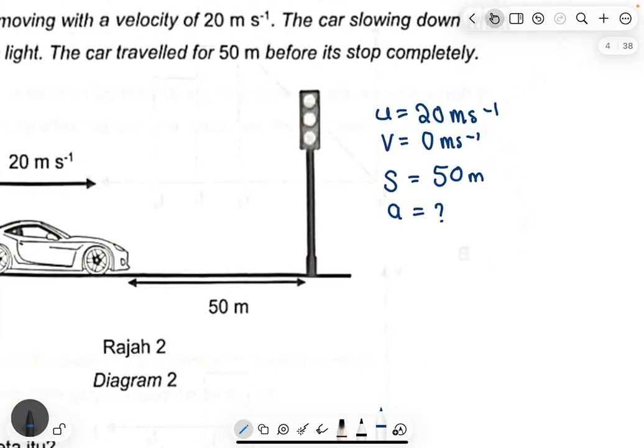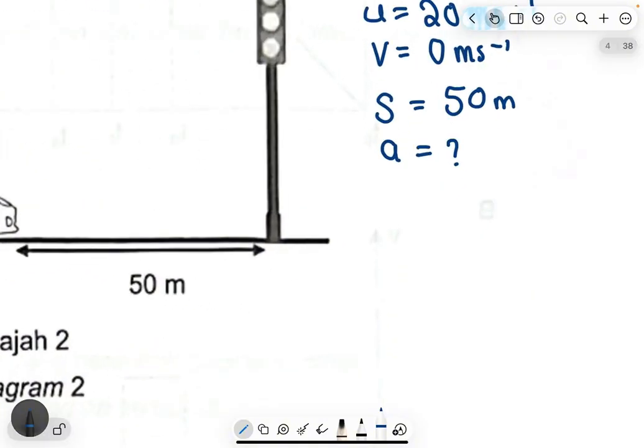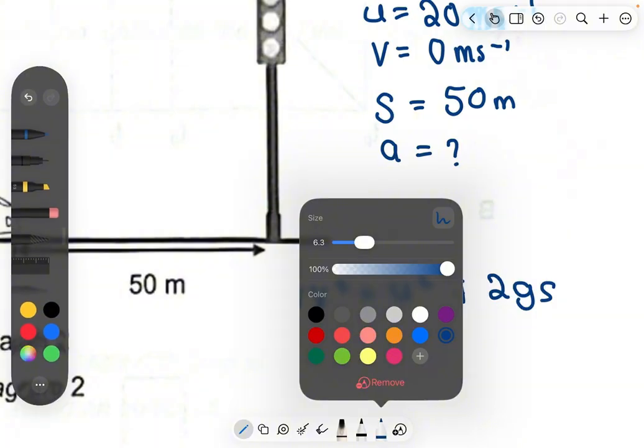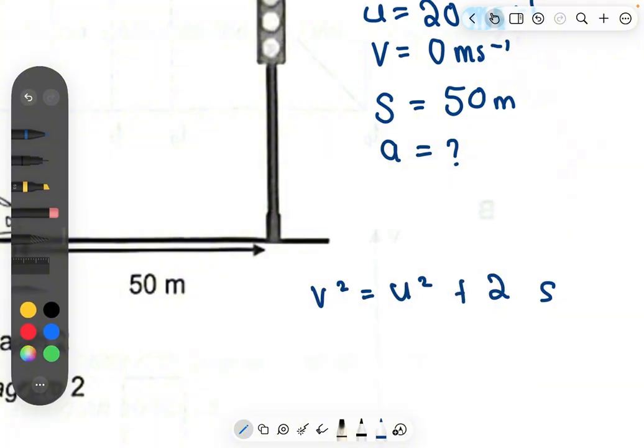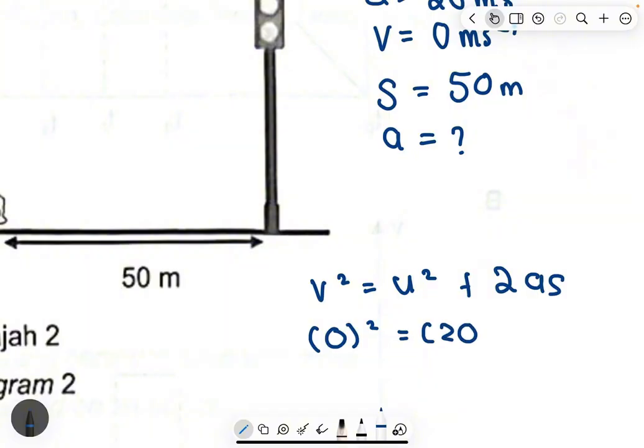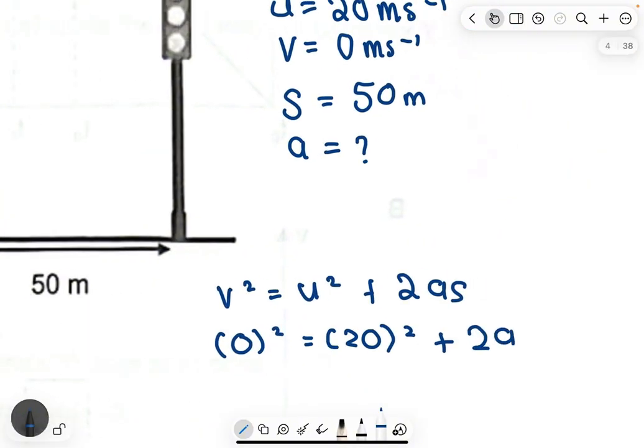Okay, so we have this formula that we can use. v squared is equal to u squared plus 2gs. That's free fall. 2as. Okay. So 0 squared is equal to 20 squared plus 2a bracket 50.